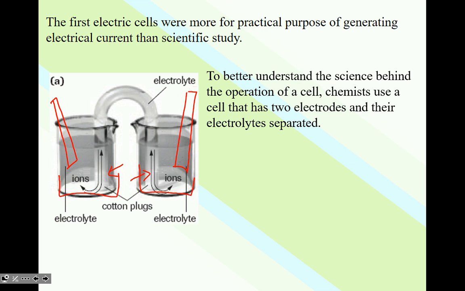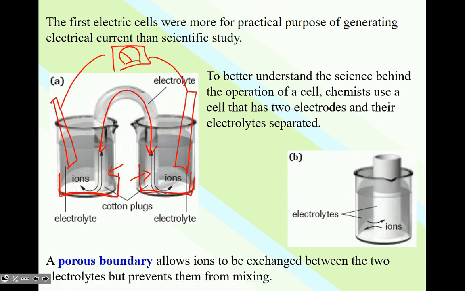You have this thing called the salt bridge, and in the salt bridge you have a movement of ions. Depending on what's in what half, the cations and the anions are going to split up, but we'll talk about that later. These are attached to some kind of device that measures voltage.